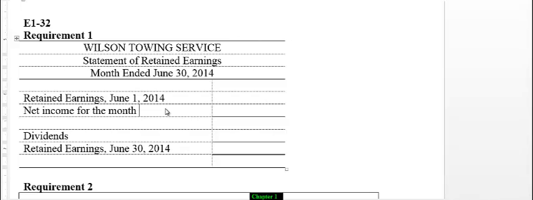So we have to use our beginning retained earnings balance, which is the beginning of this month, June 1st, 2014. We add to that the net income for this month, subtract the dividends to get to ending retained earnings.